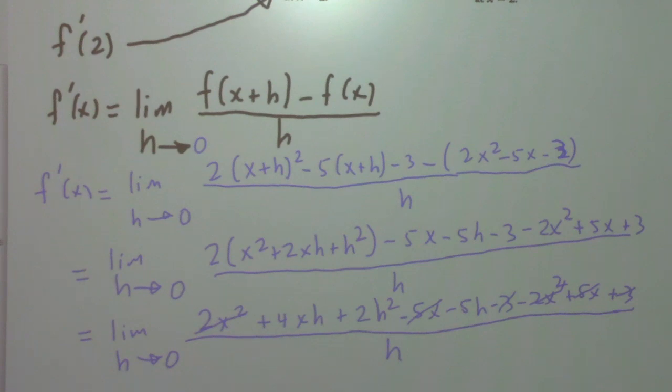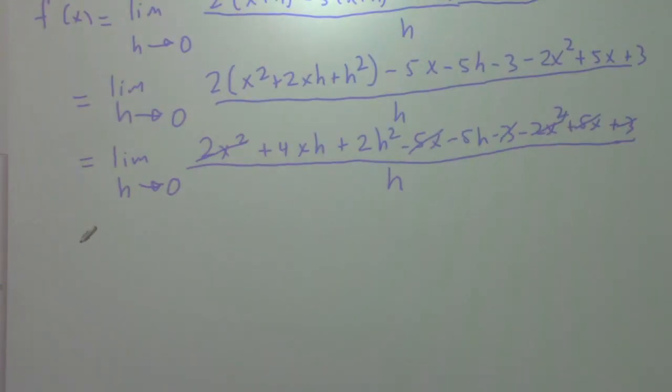And so we have this. We're just going to write what we have left here: the limit as h approaches 0 of 4xh plus 2h squared minus 5h, all over h. Is that right?